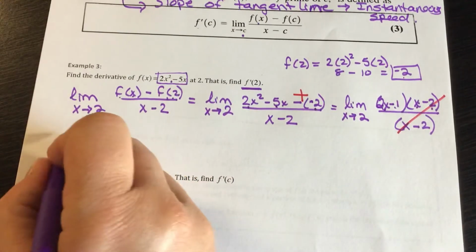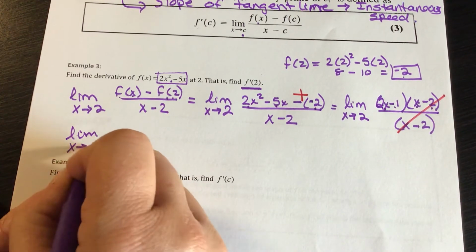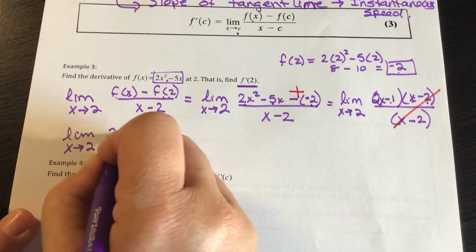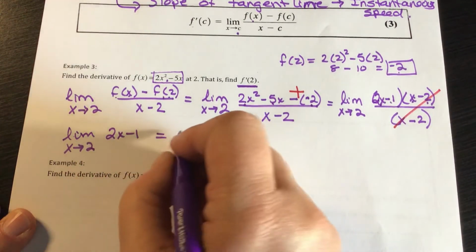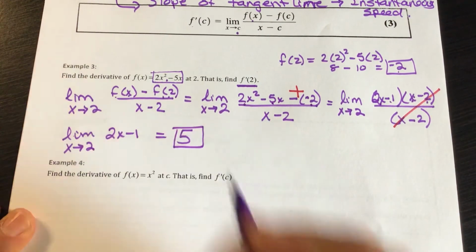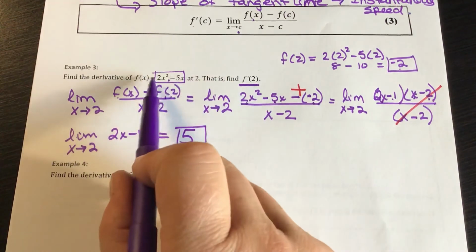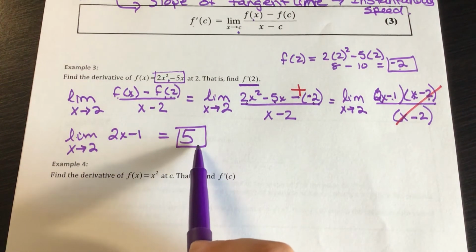So the slope of the tangent line, or the derivative as x approaches 2, is 2x minus 1. If I plug in 2 now, 2 times 2 is 4, minus 1 is 5. So the derivative at 2, or the slope of the tangent line at 2, is 5.